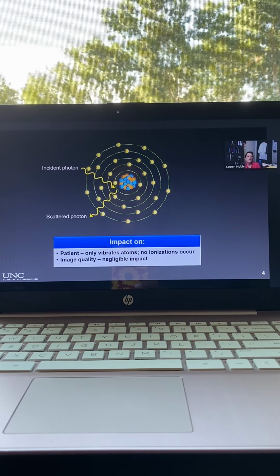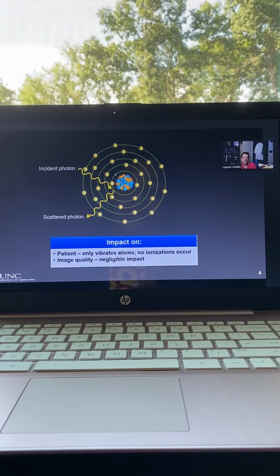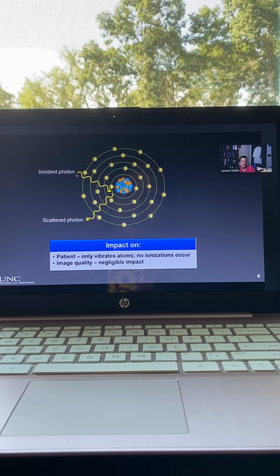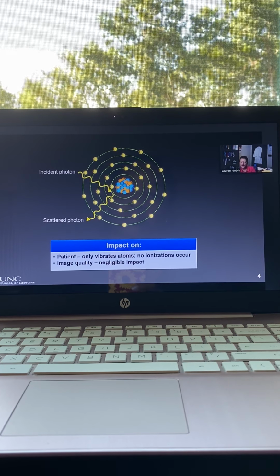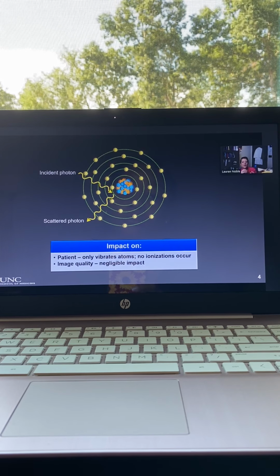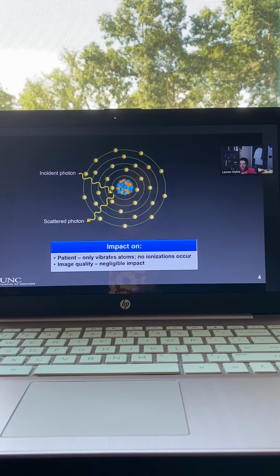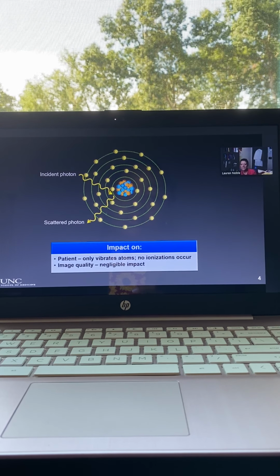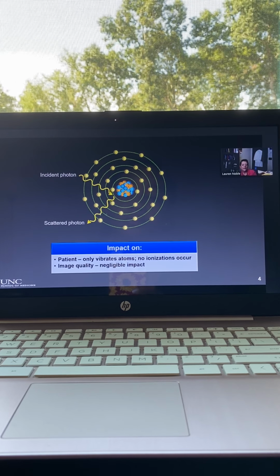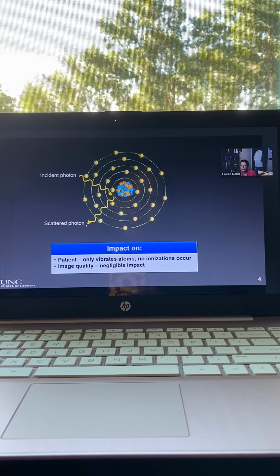So in a coherent interaction, the photon comes in and simply causes either the electron or the atom to vibrate, and then it changes direction and leaves the atom.